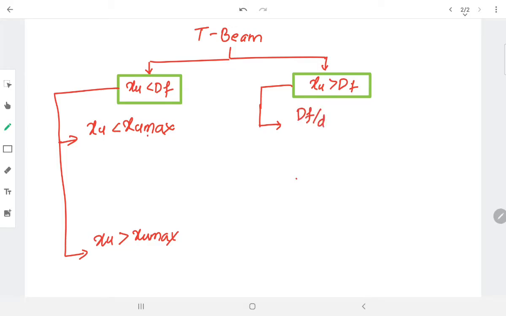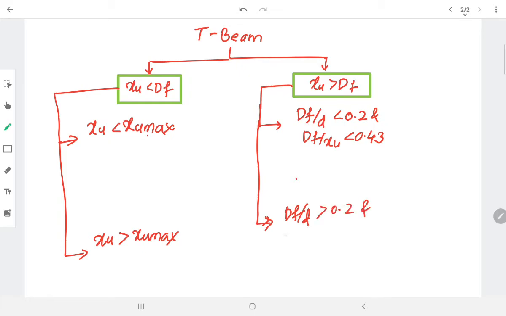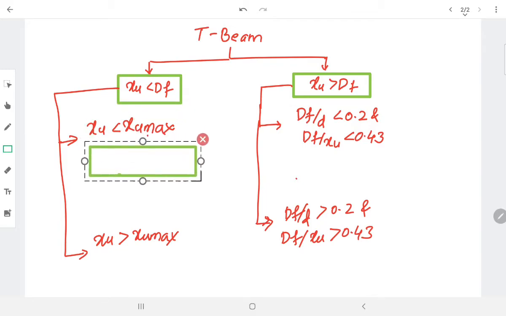Df by d less than 0.2 and df by xu less than 0.43. This is the first condition. Another condition is df by d greater than 0.2 and df by xu greater than 0.43. These are the conditions which we get in the T beam.